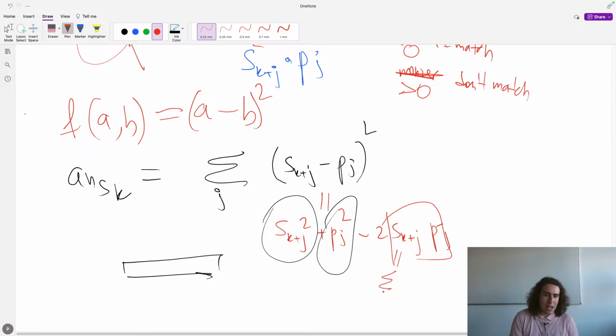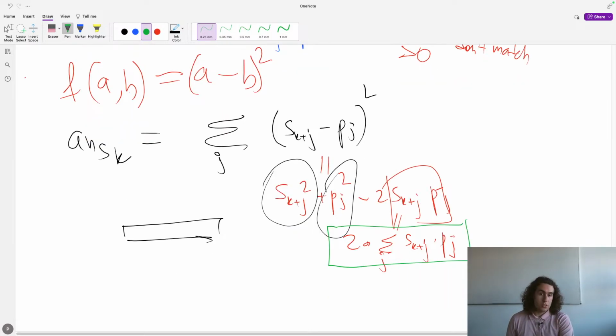In total, this is 2 times the sum over j of s_{k+j} times p_j. And this is where we have a convolution. Only here, we need to do a convolution. And then if we take the sum on a segment of squares, plus the sum of all squares in p, and then subtract twice the convolution, we get ans k. And we know that ans k is 0 if and only if they match.